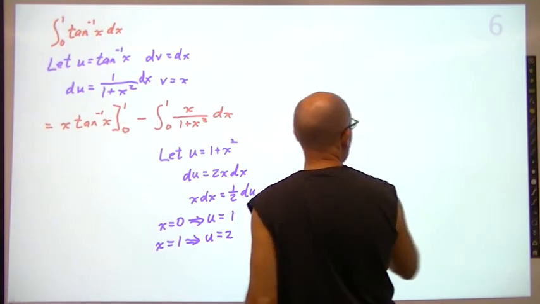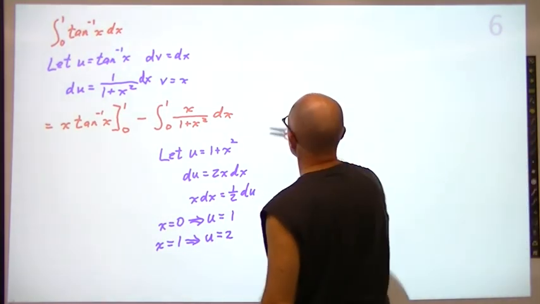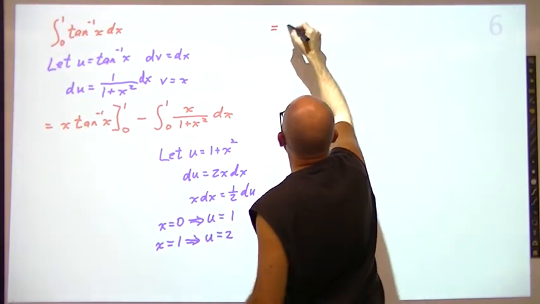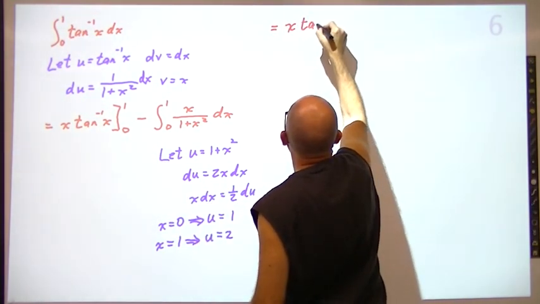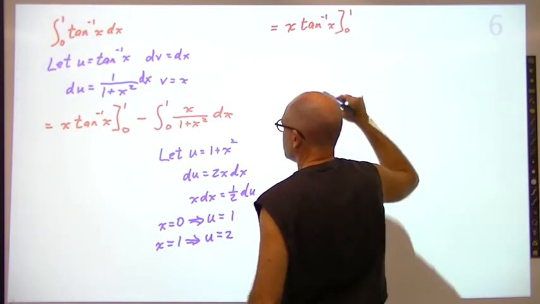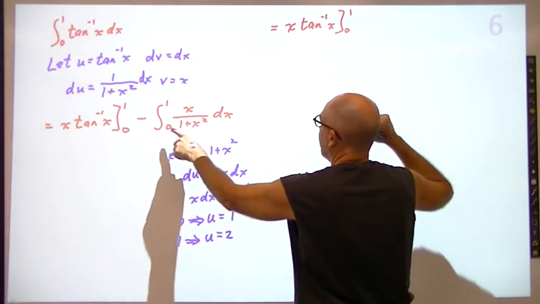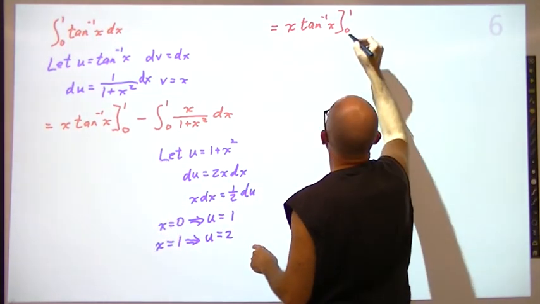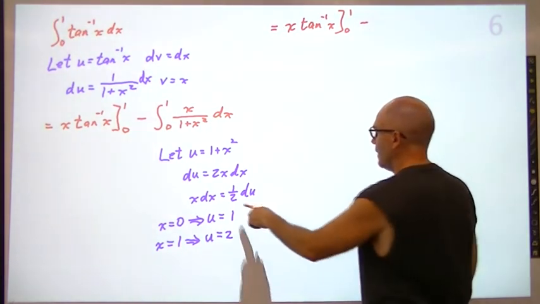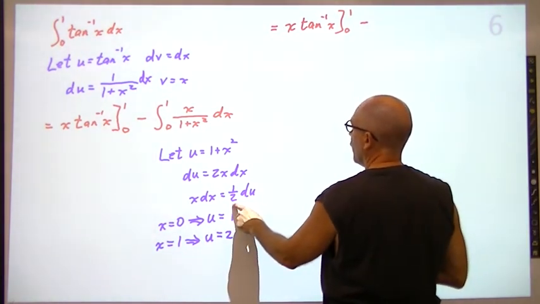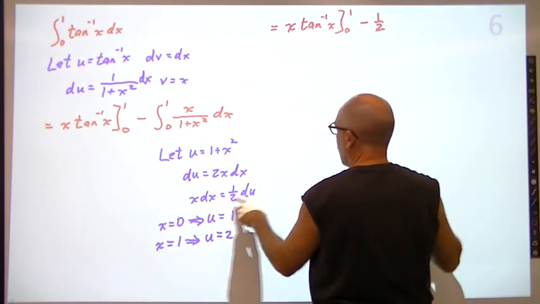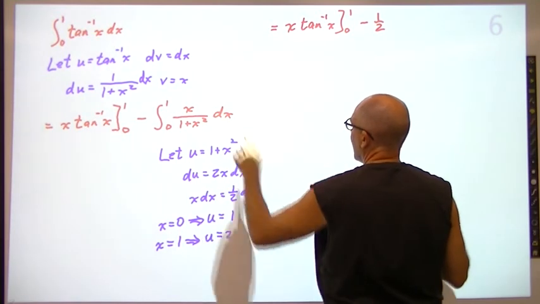So then this thing becomes x inverse tangent x from 0 to 1 minus, now we're doing u's this time, so I have 1/2 outside, because the 1/2 du is going to be the x dx.